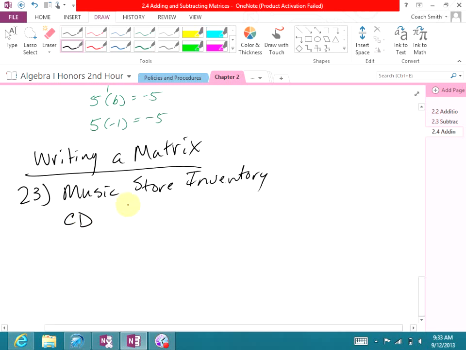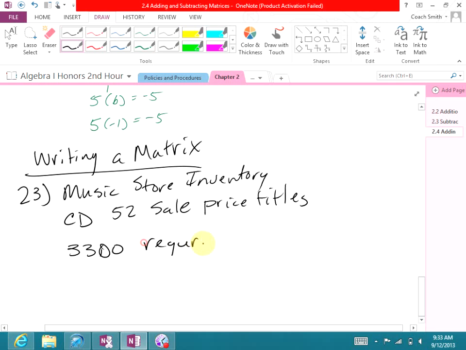CDs are 3,300 or 3,300, not 33,000, 3,300 regular price titles.